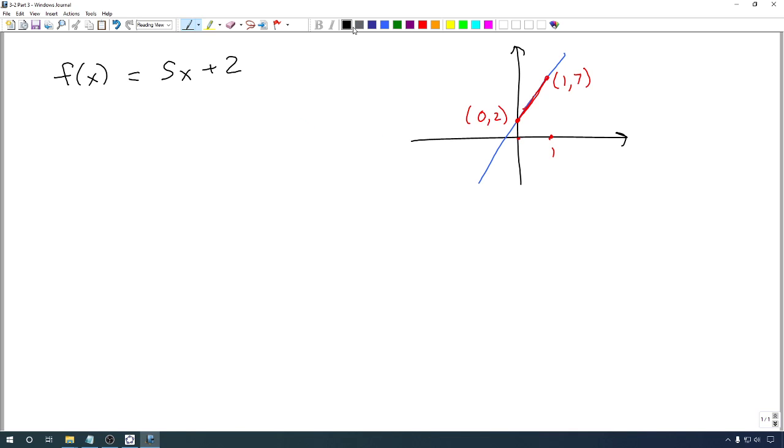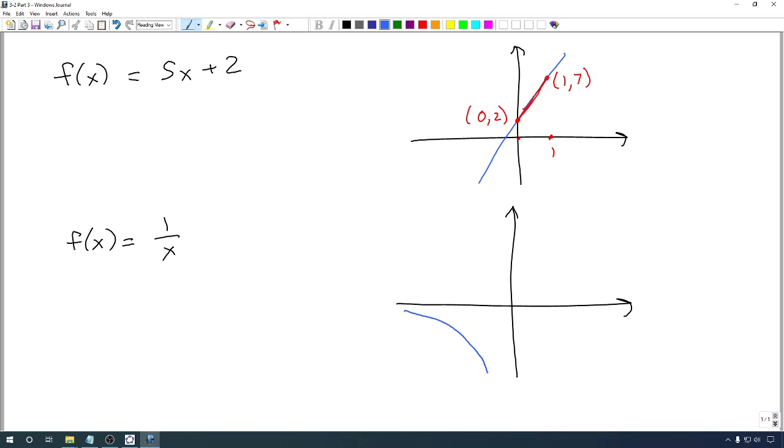Now, restricting to an interval did help us here, but even that won't always work. Let's look at another function. Say f of x is equal to 1 over x. If we draw a sketch of this one, we'll go ahead and restrict our attention to from 0 to 1.